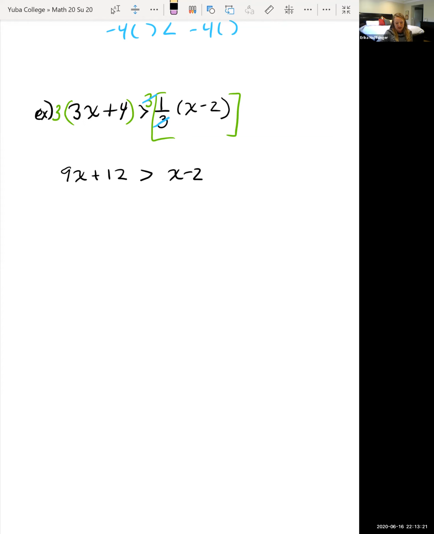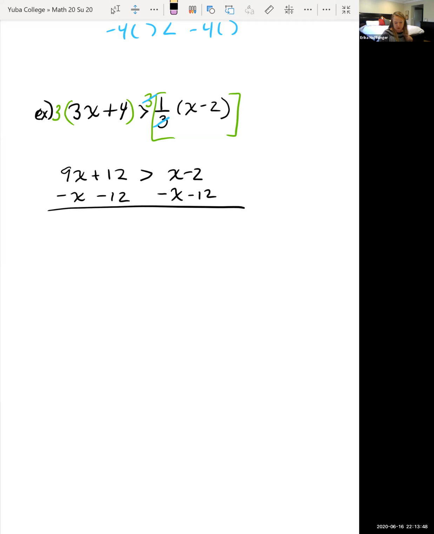So we're almost there. Just like a linear equation, we get all the terms with the variable that we want to solve for on one side, and all the constants to the other side. So let's subtract x on both sides of our inequality, and let's subtract 12 to move the constant to the other side.